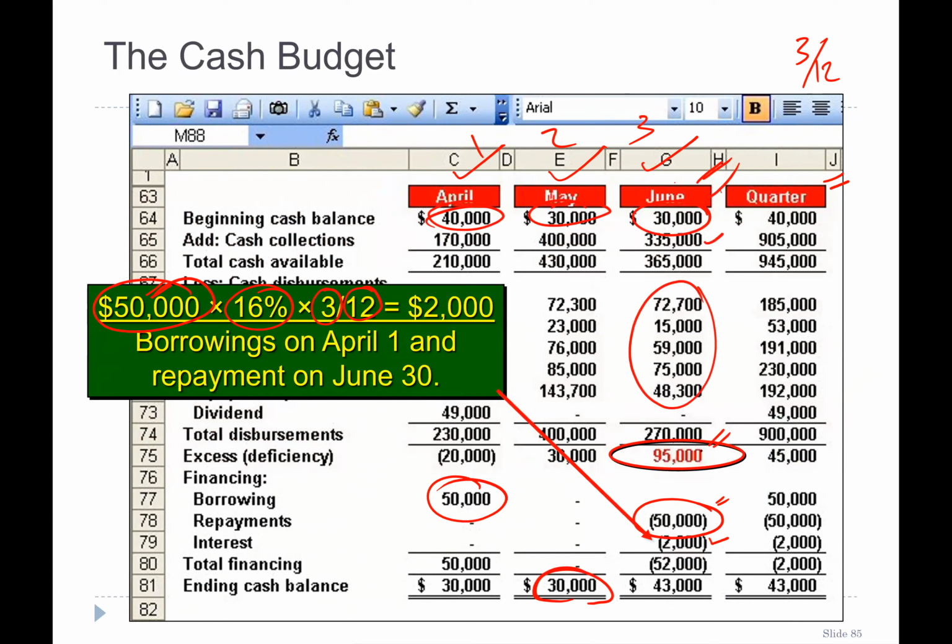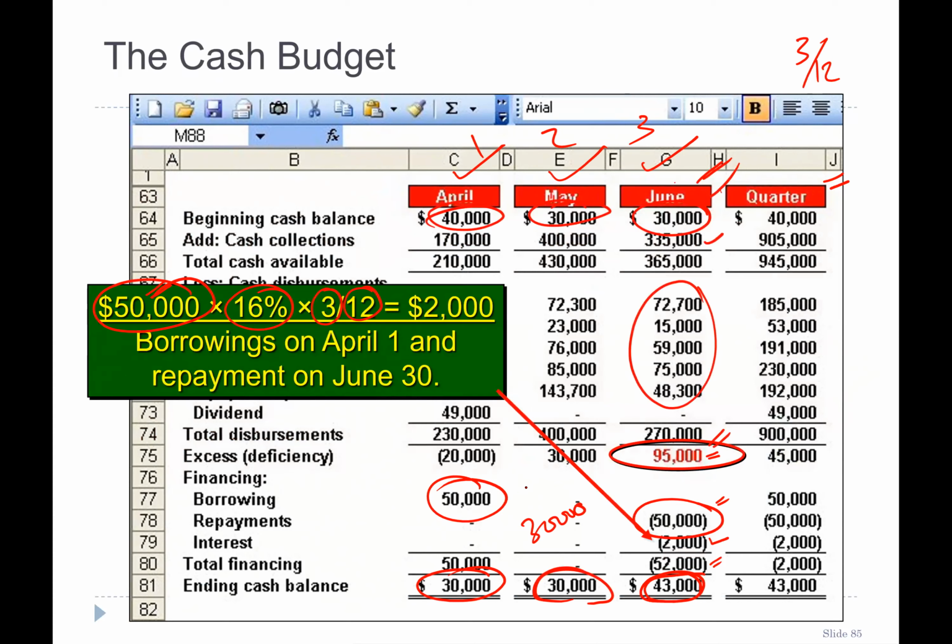So that's your excess cash. 52,000 you prepay to the bank, and you still have 43,000 left for June, which is the ending balance, right? If the question also asks how much cash is available for investment, since you maintain a policy of 30,000, 30,000 must be in your account.